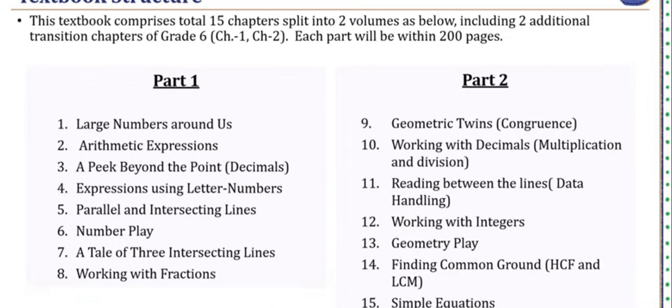If the teacher wants to follow that particular order, it's well and good. Otherwise, they have their own choice. And you can see the names of these chapters; that is more important. Some of the names are "A Peek Beyond the Point," by which we mean the decimals. Then the other is "A Tale of Three Intersecting Lines." We mean here the triangles.